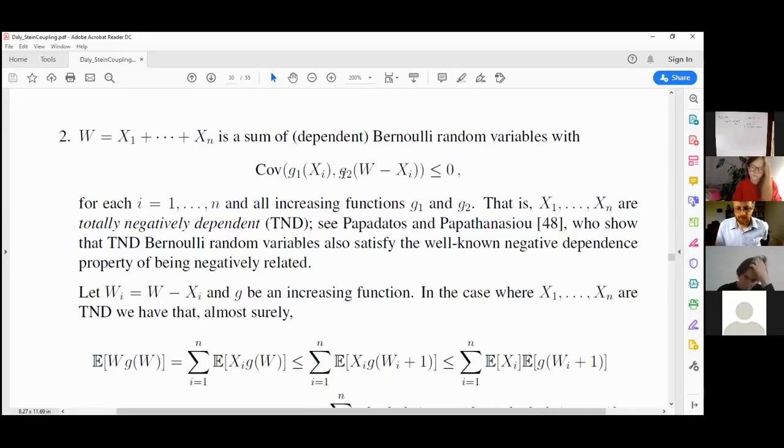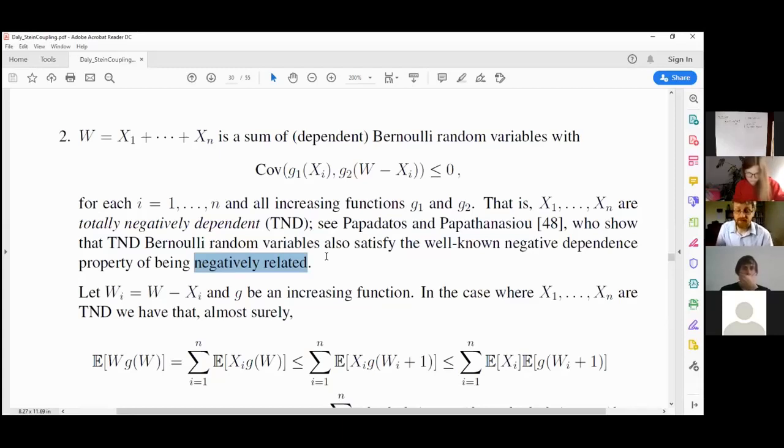This is one way of also getting a hold on a property that's called negative relation, and anything which has this total negative dependence property that we talked about also has this property of being negatively related, which I haven't written down the definition of just to avoid cluttering up more space.